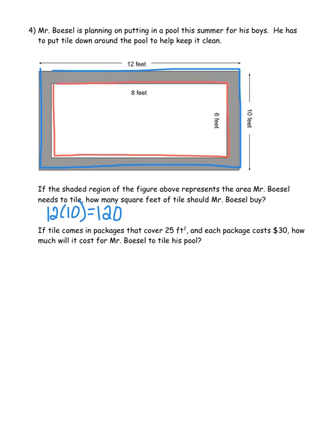So we have to take away from 120 the area of the pool, which is 6 times 8 or 48. So in the end, he needs to take 120 minus 48. And when I do 120 minus 48, he needs to buy 72 feet squared of tile.